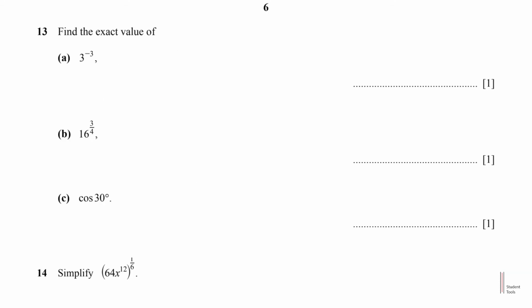Question 13, we have a question which says find the exact value of a. We have 3 to the power negative 3. When we have 3 to the power negative 3, that means it is equal to 1 over 3 to the power 3.